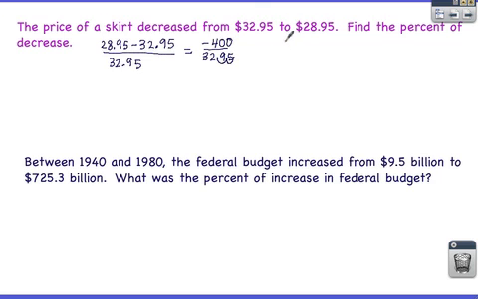And now I need to divide 400 divided by 3,295. So we'll have to add a decimal and a 0 since 3,295 does not go into 400. This goes in once. And we subtract.